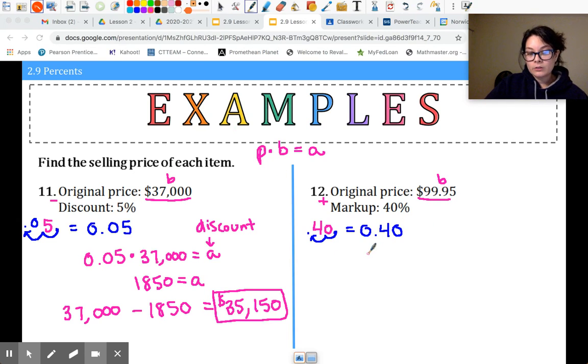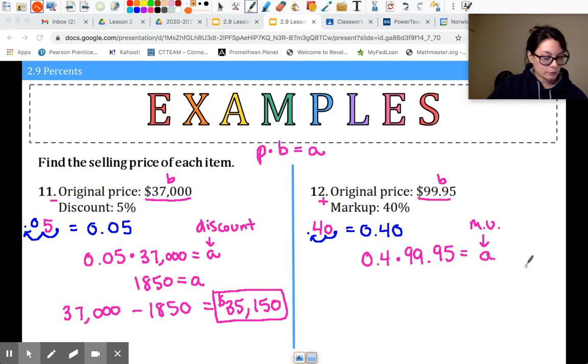I'm going to substitute that into my formula. The original price is always my base. I'm looking for the part, which is my markup. I'm just going to use my calculator here to multiply, and it's giving me a decimal of 39.98.